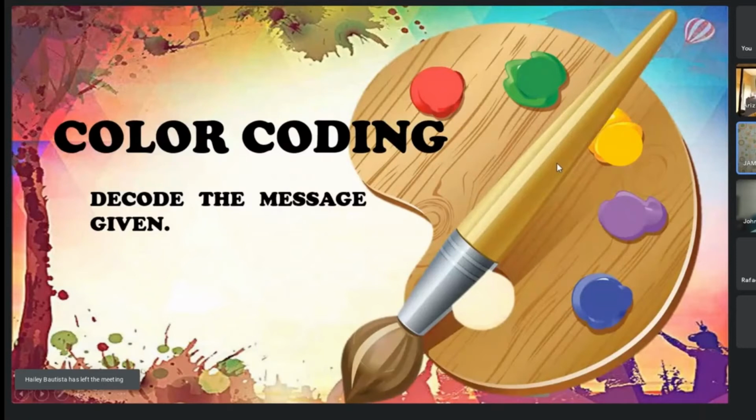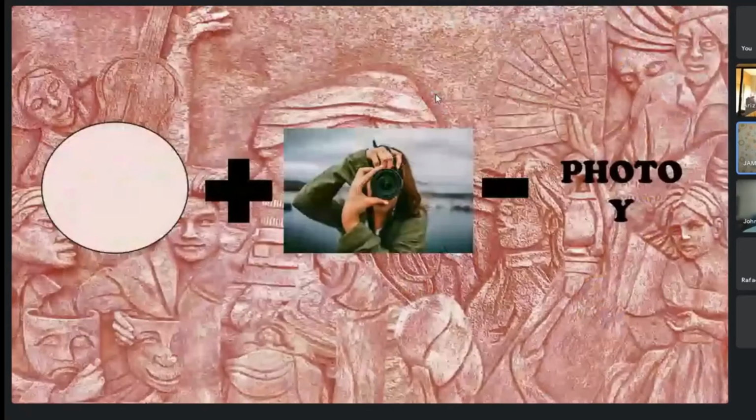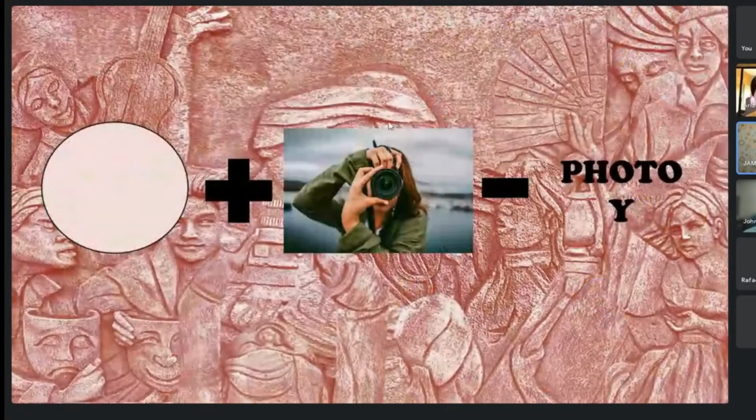If you want to answer, you are going to click the raise hand button. Let's begin with the red one. We have here set of pictures. You are going to identify the graph by decoding the message here.